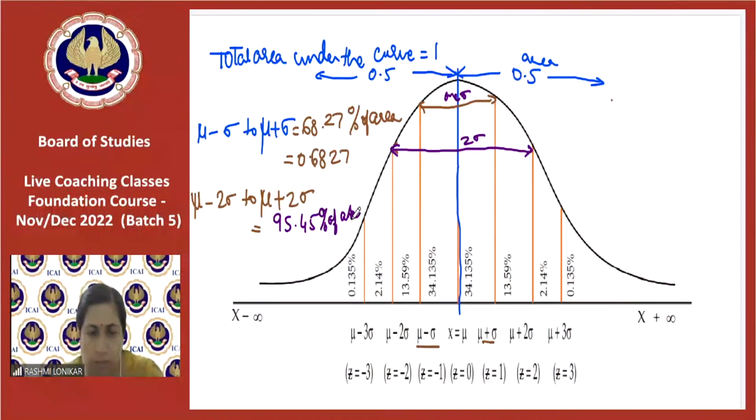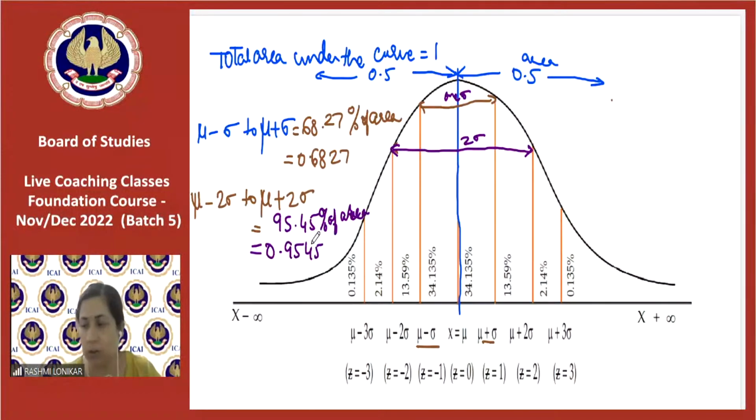What this means is that 95% of the area under the curve will be covered when I move from the mean up to 2 deviations to the left and 2 deviations to the right. Area is 1. This is also equal to 0.9545.